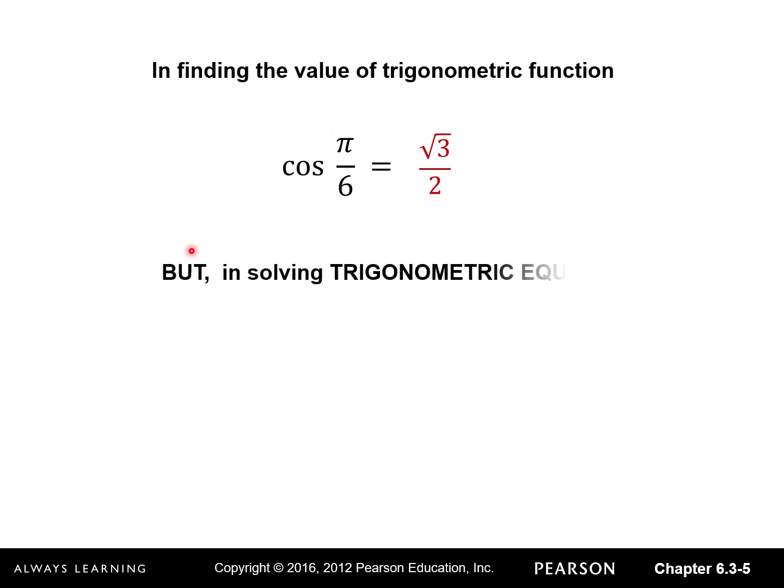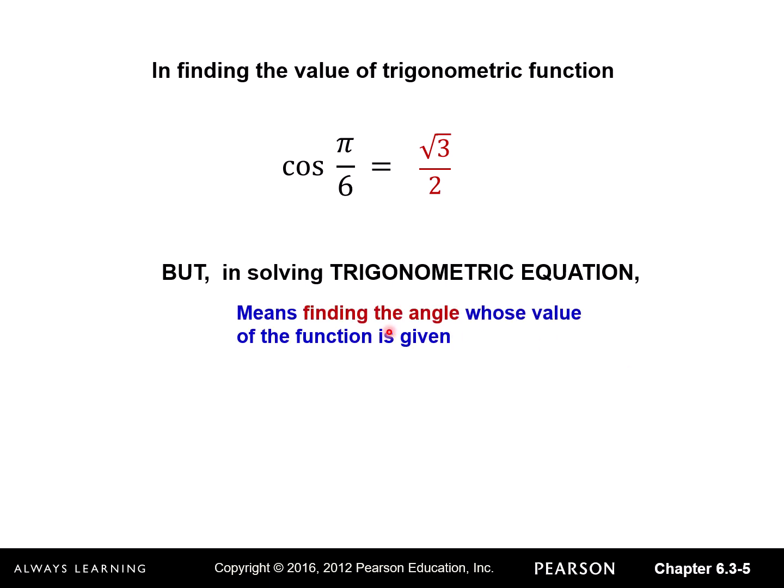But in solving a trigonometric equation, we need to find the angle whose function value is given. So it's the opposite. Before, we were looking for the cosine of pi over 6, which is square root of 3 over 2. This time, in solving a trigonometric equation, the angle is unknown.